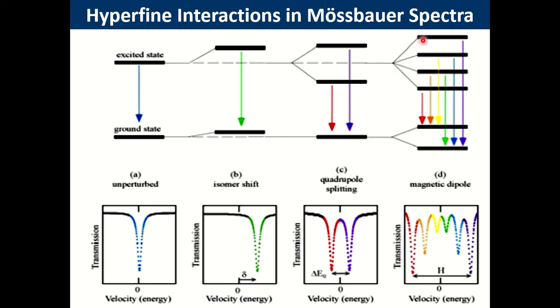All these factors will contribute. So even in the absence of an external field, if there is a net magnetic field acting on the nucleus, there will be a change in the energy levels. In this manner, it will be split into various lines according to their quantum numbers. All these will be discussed in detail.